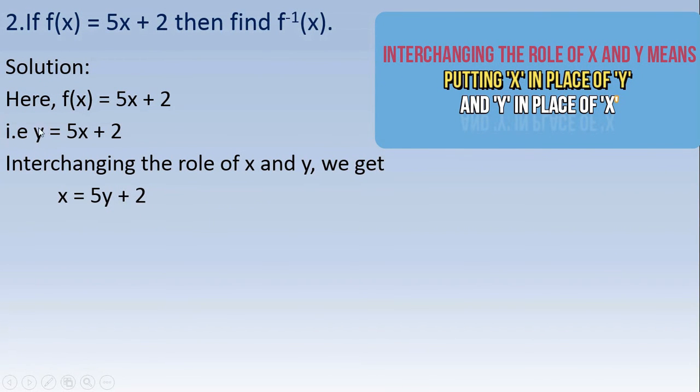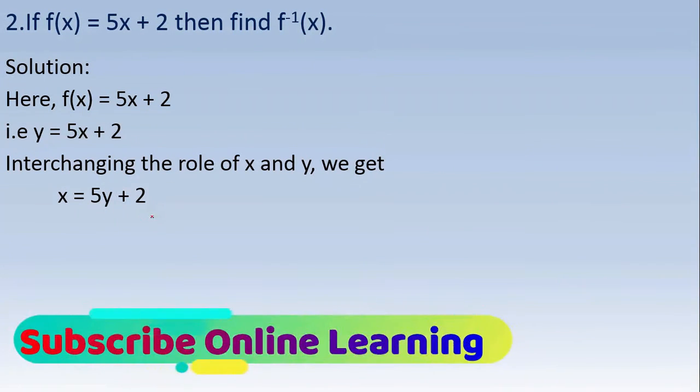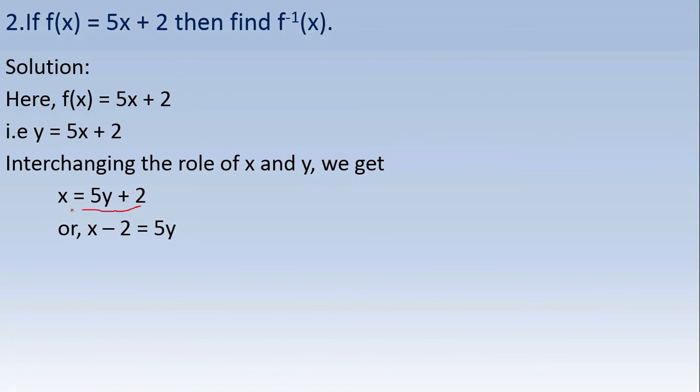Here it is y and we replace it by x, and here it is x, we replace it by y. Okay, x minus 2 equals 5y. We take 5 in front of this and we get y equals (x minus 2) by 5, and this is the required inverse of our given function. So this is our answer.